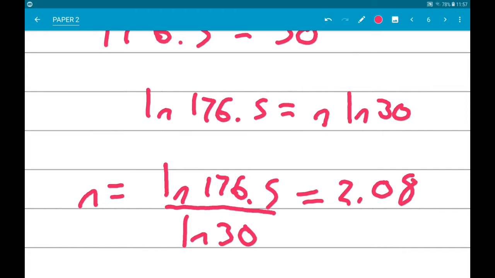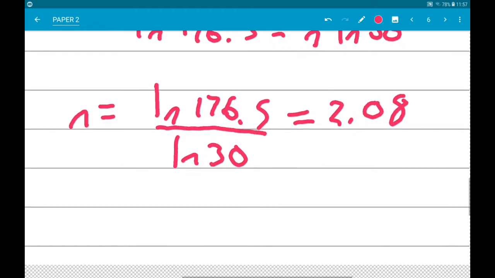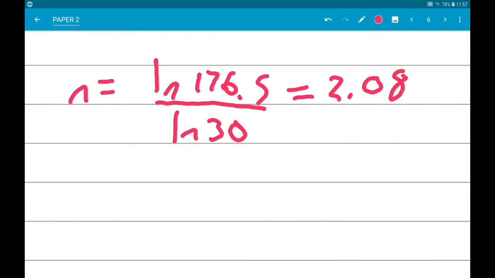So the complete model is d is 0.017 times v to the 2.08.